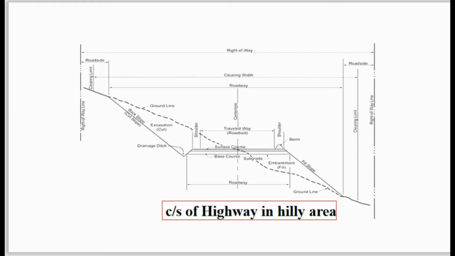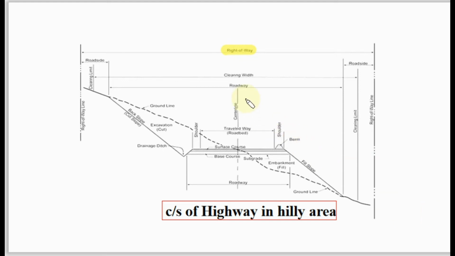Next, here you can see the cross section of a highway in a hilly area. If you just observe the figure here, we have the right of way. That means the total width of road which actually has to be acquired by the government for the construction of the road.